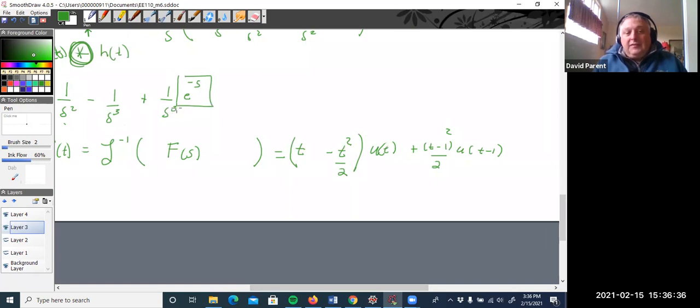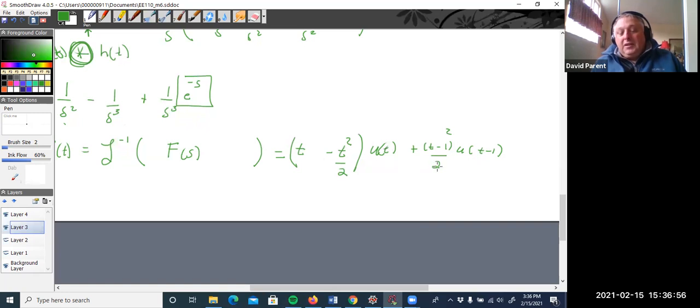So wherever you see a t, it's going to become t minus 1. So if this is t squared, it's t minus 1 squared. Wherever the u(t) is, the u(t) is going to be delayed.